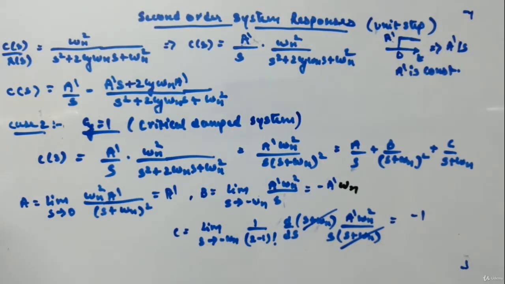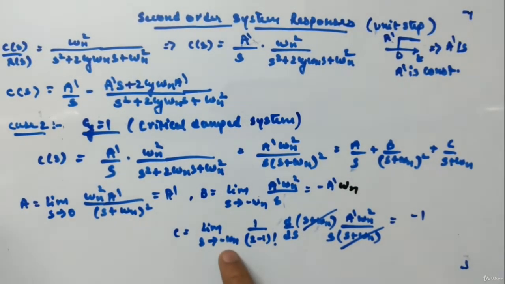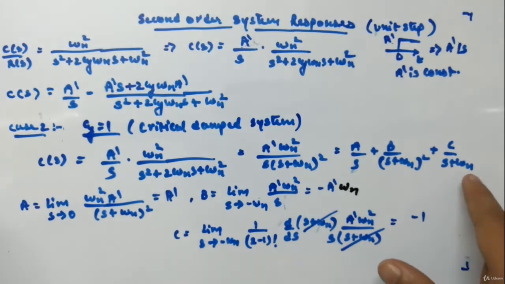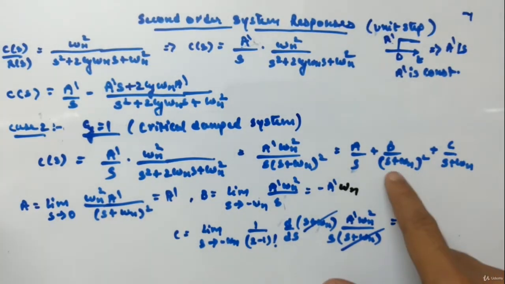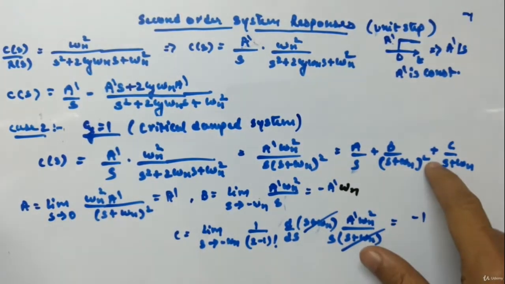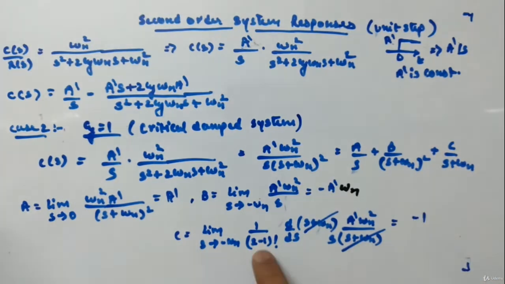Now the c value will be slightly different, which is limit s tends to minus omega n of 1 upon (2 minus 1) factorial, because we are calculating for (s plus omega n) to the power 2, so n is 2.